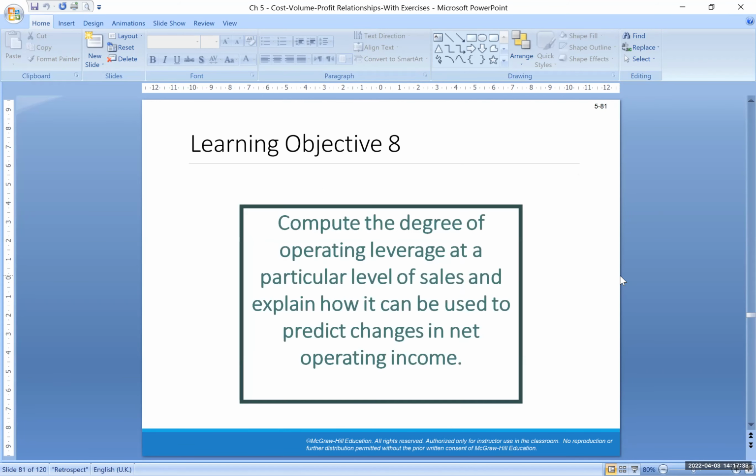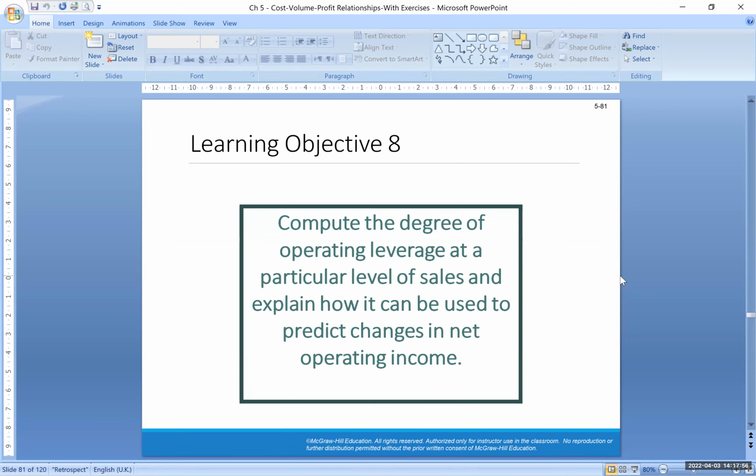Learning objective number 8. Compute the degree of operating leverage at a particular level of sales and explain how it can be used to predict changes in net operating income.